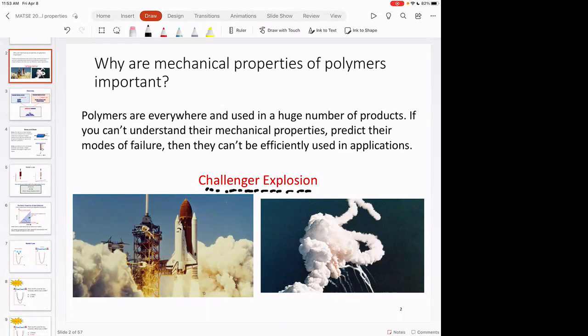Because they're using O-rings to seal these solid rocket boosters, if it's too cold, all of a sudden you're dropping below the glass transition temperature of your elastomer, and your elastomer goes from a nice rubbery elastomer that can seal and do its job to some sort of glassy, hard polymer that's not good at sealing anymore. Because when you launch a rocket, lots of things expand and contract, and so you need really good rubbery seals in that case.